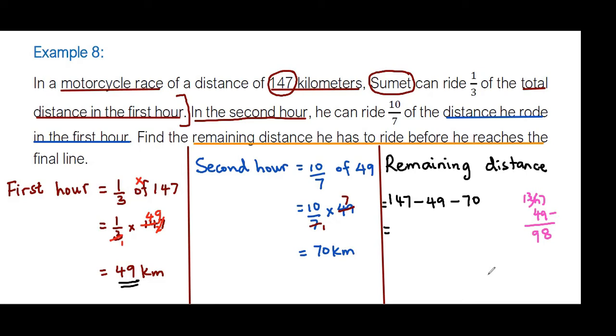Okay. Then 98 minus 70. What do we have? 28.